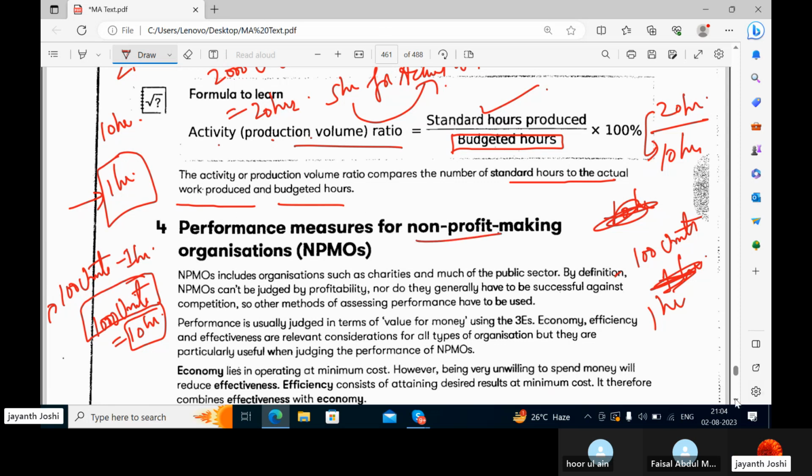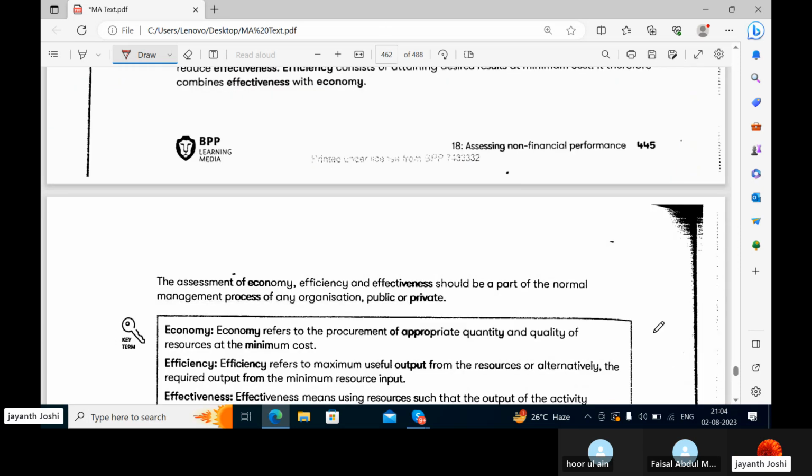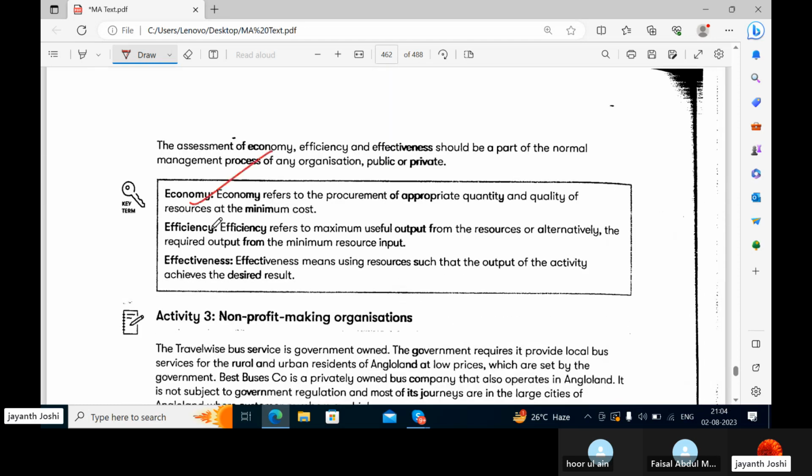Performance measures for non-profit making: here we are seeing triple E. Economy, efficiency, effectiveness. So what is this triple E? I take the example of a Maruti Suzuki car. The Maruti Suzuki car is known for its economy, efficiency and effectiveness. Why?